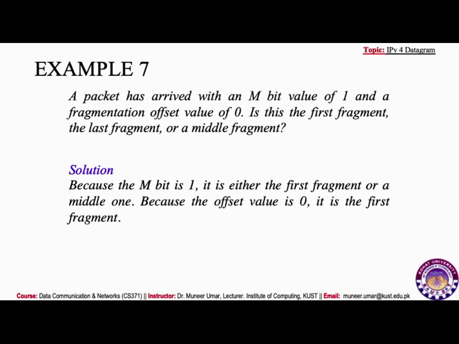Then we have another example. A packet has arrived with an M bit value of 1 and a fragmentation offset value of 0. Is this the first fragment or last fragment or middle one? M is 1. It is either the first fragment or a middle one. Because the offset value is 0, therefore it is the first fragment.